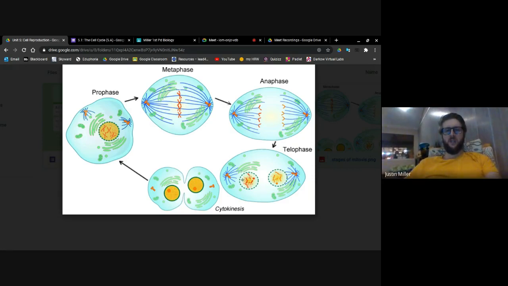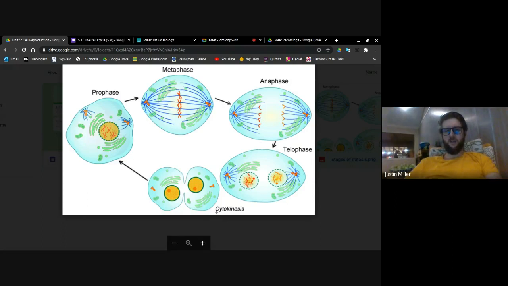So now that we have one full set of DNA on this side, and one full set of DNA on this side, and the nucleus has reappeared around each full set of DNA, we can now split right down the middle and separate the two halves, with each half having its own nucleus with its own full set of DNA.